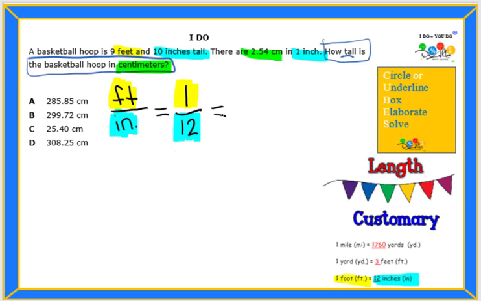So now I come over here. Be careful because I am only trying to convert feet. What I'm trying to do is make this right here into inches so that I can combine it with these inches. So I have 9 feet, and I want to know how many inches that is.